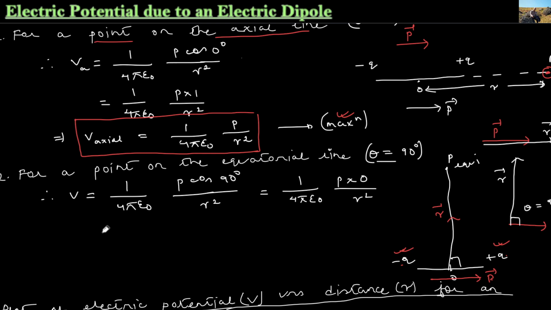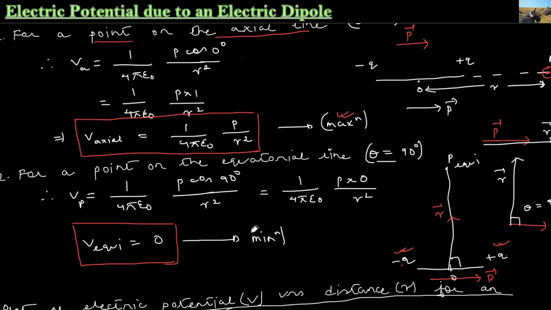So this term, V equatorial, is equal to 0, which physically means that the electric potential of a dipole on the equatorial line is 0, or we can speak of it as the case in which the potential is minimum.